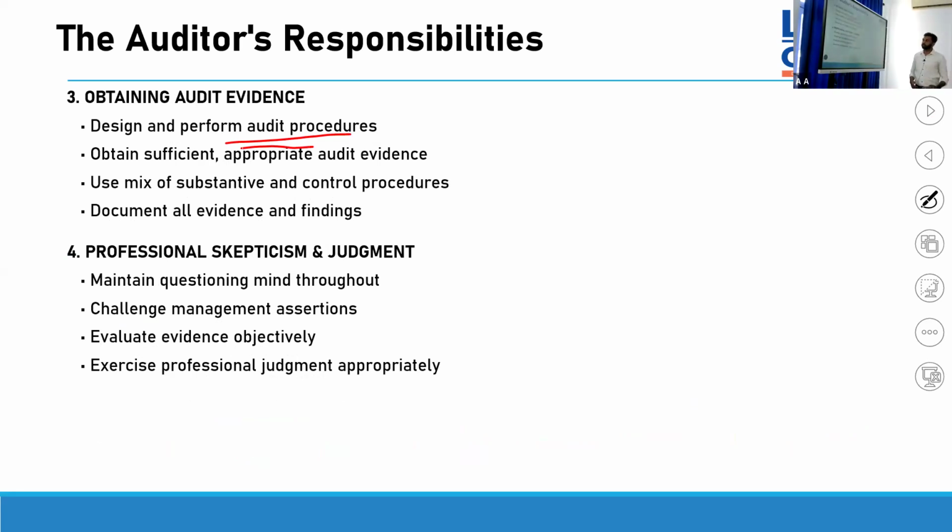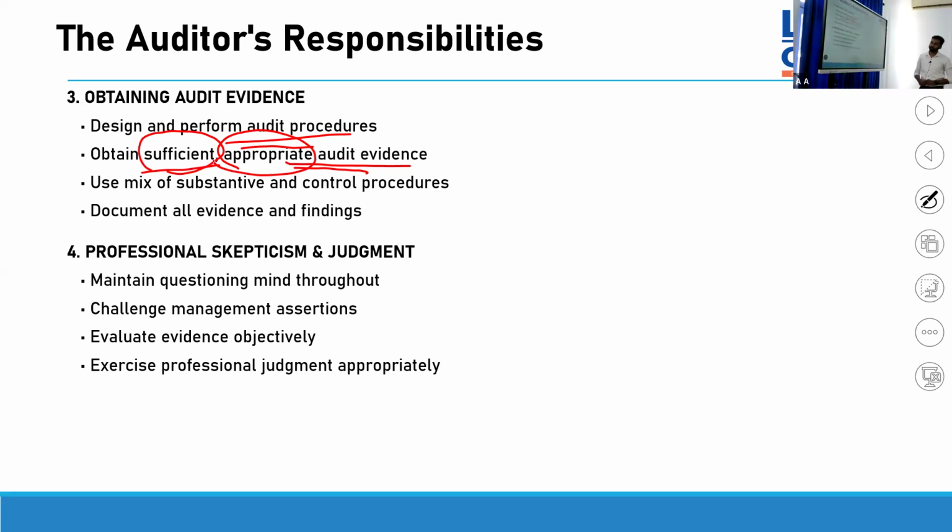When you're performing audit procedures, you must obtain sufficient and appropriate audit evidence. Not just audit evidence. These two terms must be there. One is that the evidence must be sufficient in order to reach a conclusion, as well as the evidence must be appropriate, right?